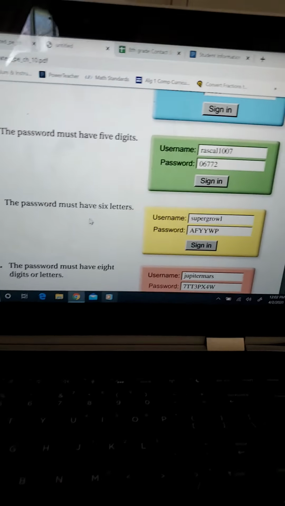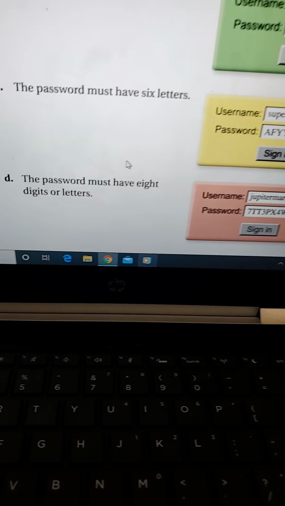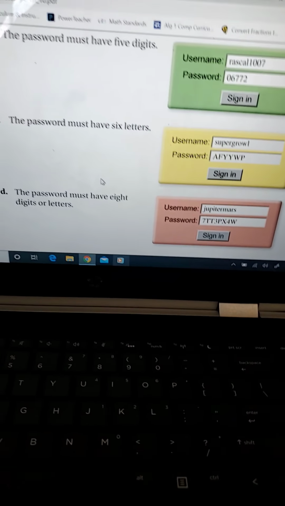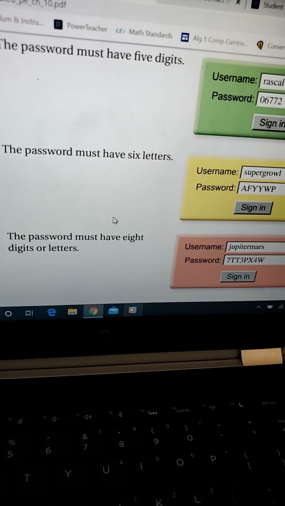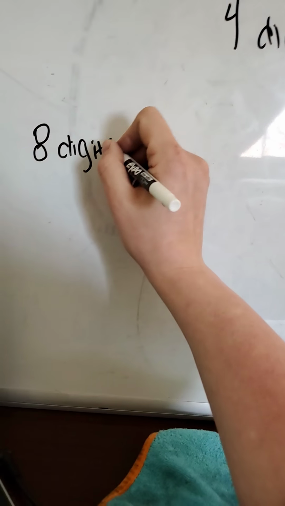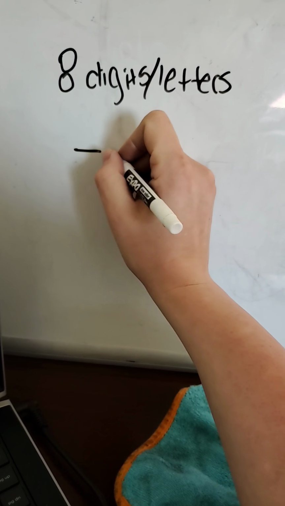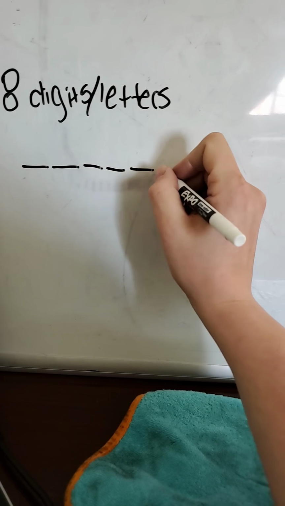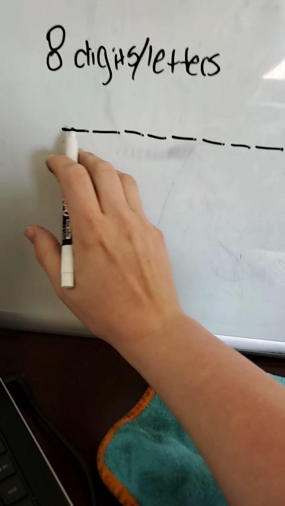All right. Now, this last one says the password must have 8 digits or letters. So this is 8 digits or letters. So 1, 2, 3, 4, 5, 6, 7, 8. Already we know it's going to be more secure because it's longer. But what are the possible things that I could put here?